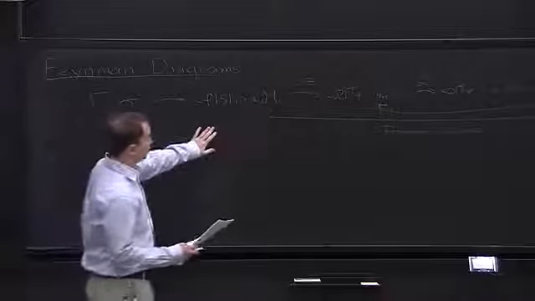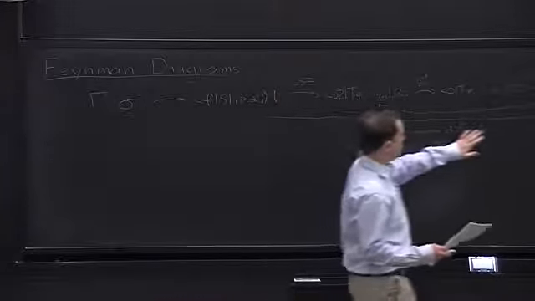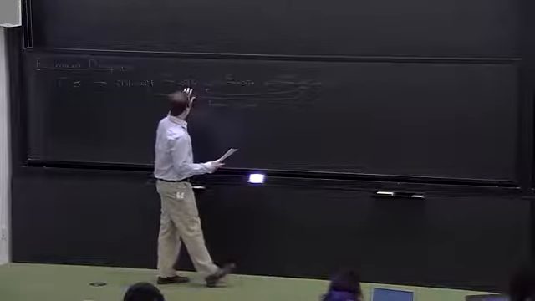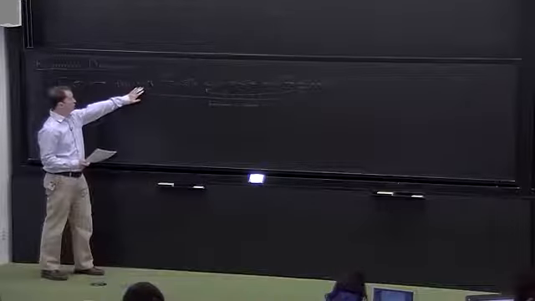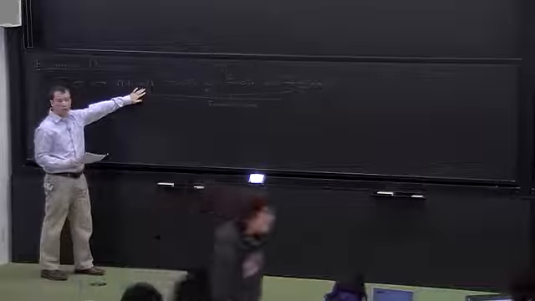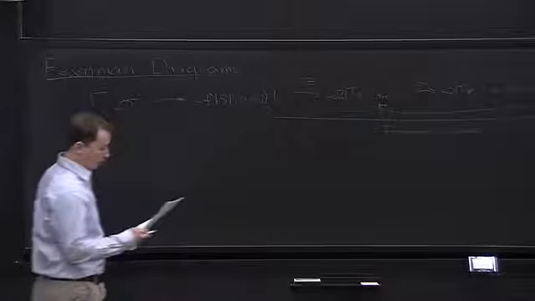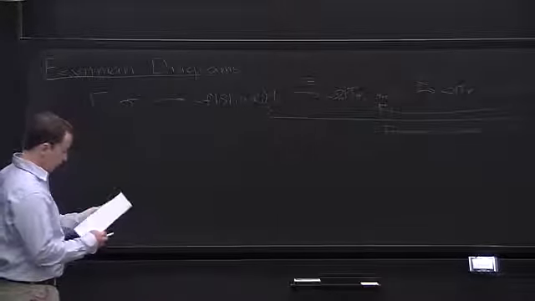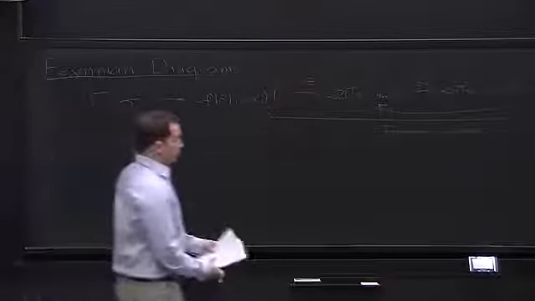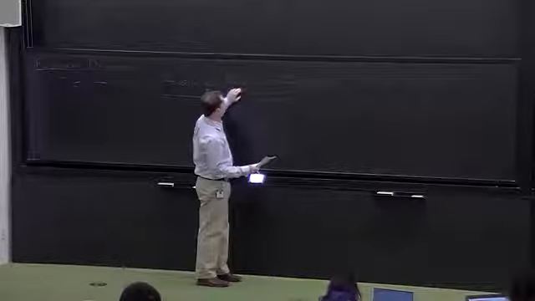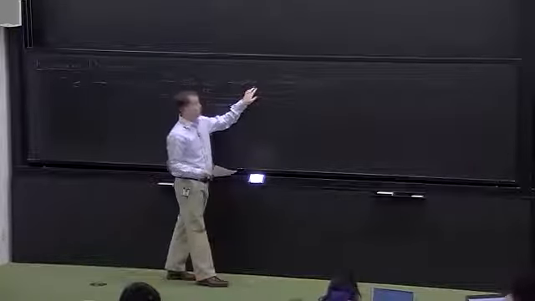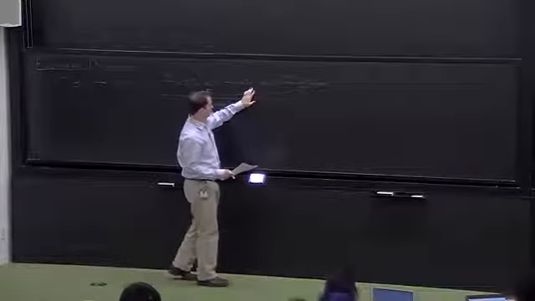So this is where we're going today. We're going to first see how to compute the Green's function using pictures, and then see how to compute the matrix element using pictures. The way we're going to do this is by first looking at an example. We start by looking at how we can represent this free Green's function using diagrams.